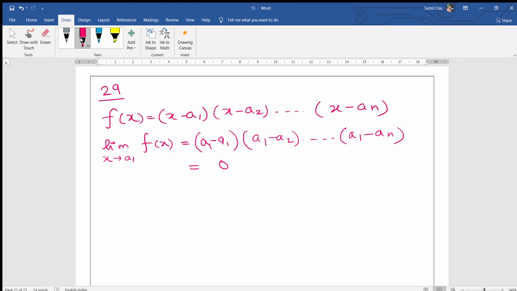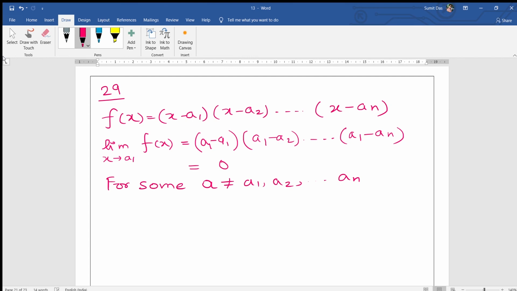Okay, the next question says, for some a not equal to a1, a2 up to an. It's saying a is not equal to a1, a2, a3, like this.